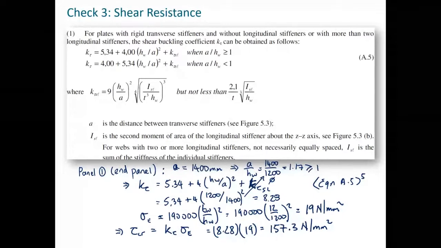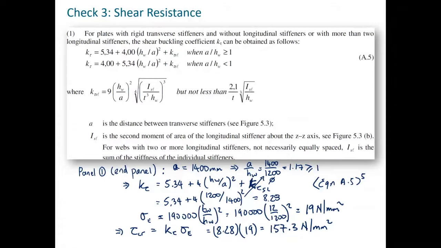Okay, so that's the critical shear buckling stress. So then we can put that in to get the normalized slenderness value out.